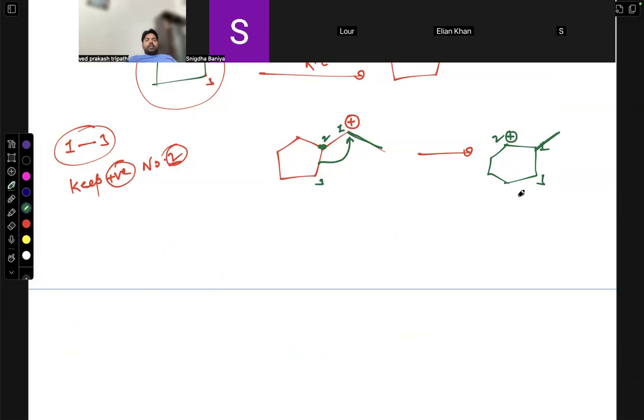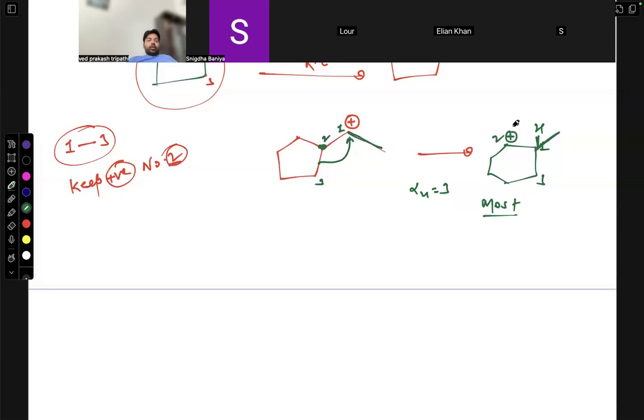Is it the most stable carbocation or still we have some rearrangement like hydride, methyl? Is it the most stable form? No, we have a hydride here. And right now we have how many alpha H? 3.